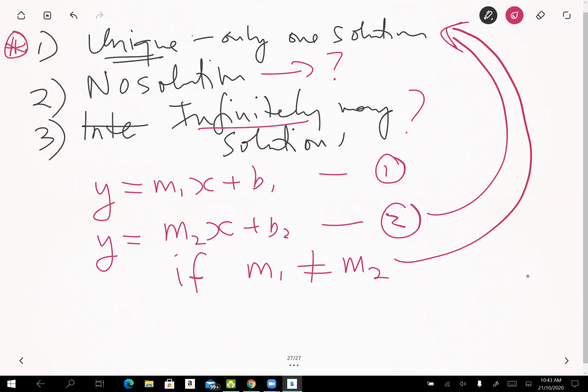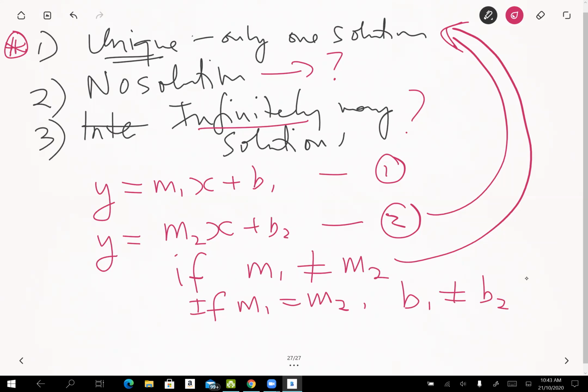If you have m1 equal to m2, the slopes are equal, but the intercepts are not equal. You see the slopes are the same, and the intercepts are not the same.